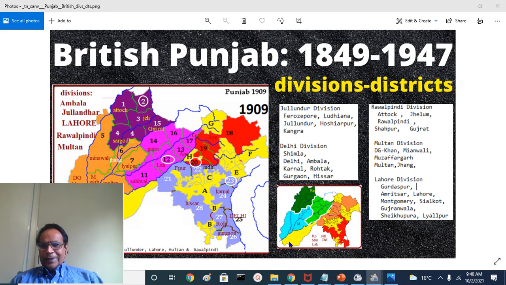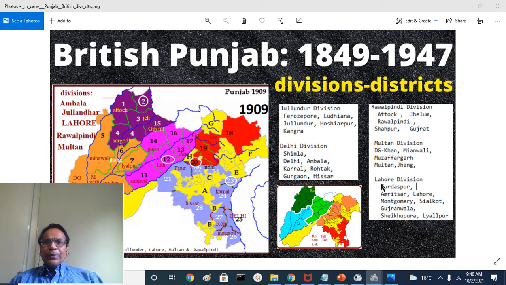South of the River Satluj, this is the princely state ruled by Musalman, Bahawalpur. Today we have Rahimyar Khan, Bahawalpur, Bahawalnagar, Fort Abbas and so on. It is essentially a desert, semi-desert region called Cholistan, which is essentially another name for the Rajasthan desert, the Thar desert, Cholistan region.